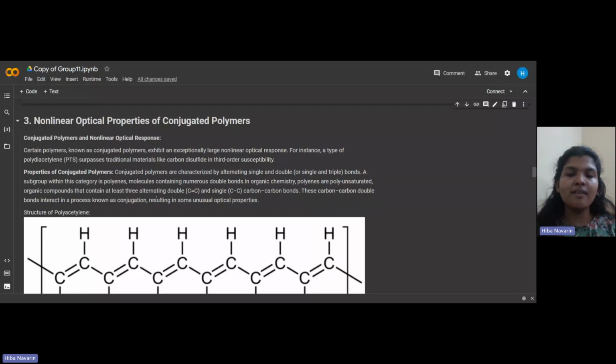So when you have alternating single bond and double bond, this results in an interaction known as conjugation, which gives some unusual optical properties. An example of this is PTS, which is a type of polydiacetylene, whose third order susceptibility is much higher and very significant as compared to a normal compound like carbon disulfide.